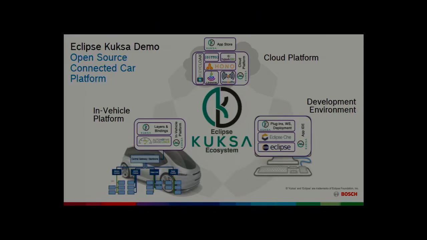Typically, Java is not that liked in the car, so that's the reason why we use Automotive Grade Linux, which is running without Java. And then of course you need some development environment, and for that we used Eclipse Che. In the demo, I've put together a small video.